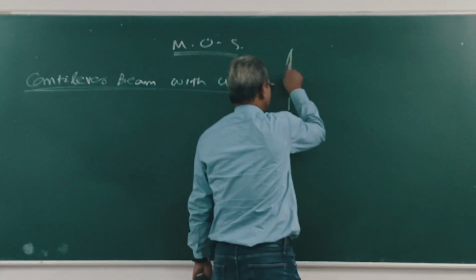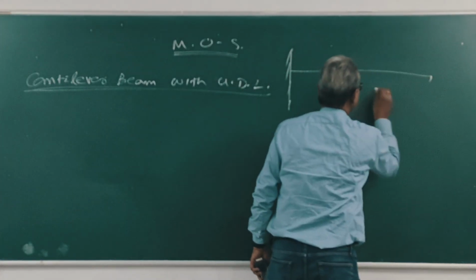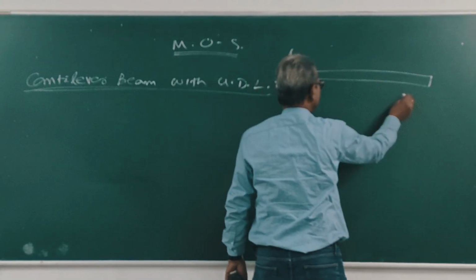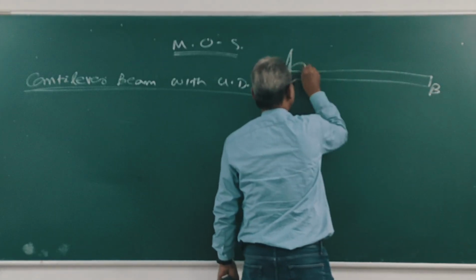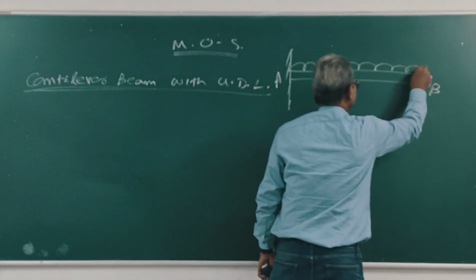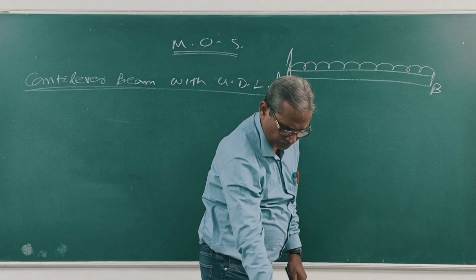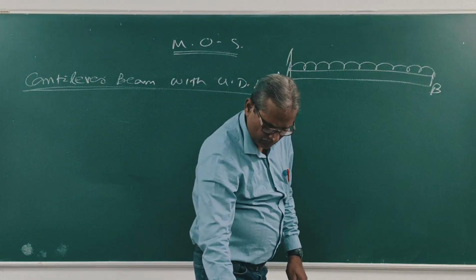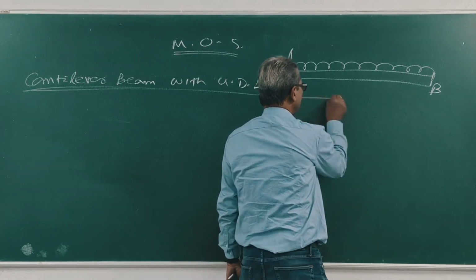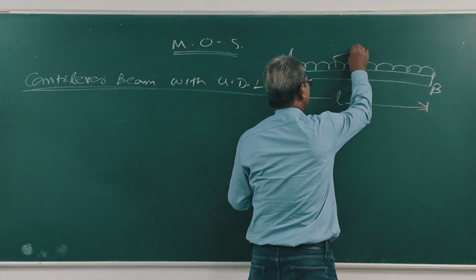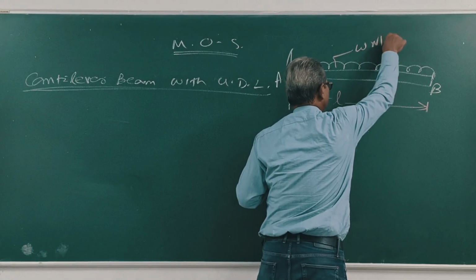This is the cantilever beam AB. This is the UDL, w Newton per meter run.